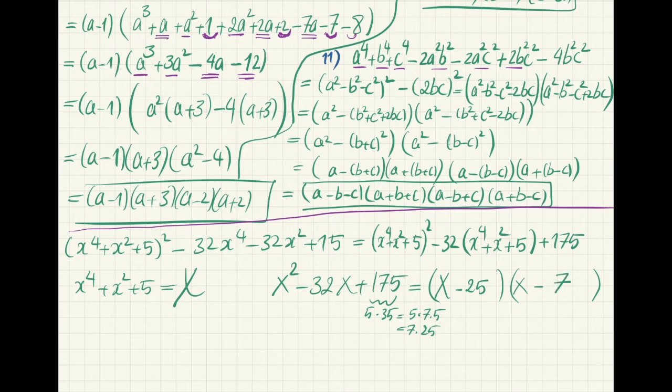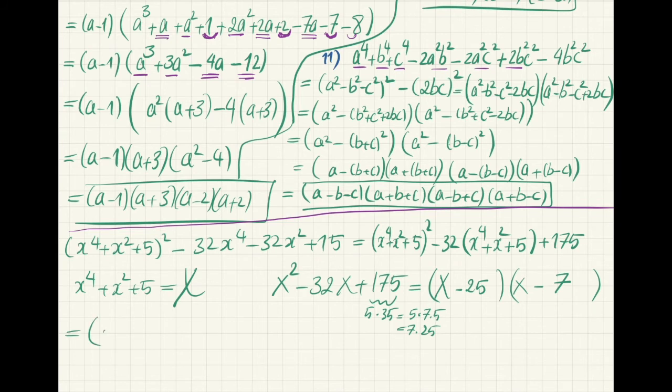Yes, let us double check. The sum of these two numbers is minus 32, and the product of these two numbers, 7 times 25, is exactly 175. Okay, and then I can put this back here, and I can put this back here. Of course, this is already in product form, but it might happen that we can still factorize more.